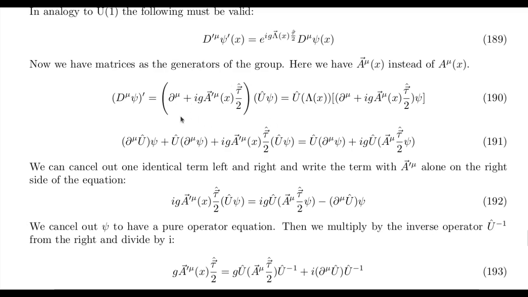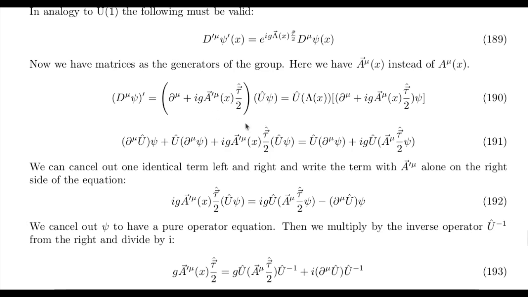Now we solve the parentheses. The partial derivative is applied to u psi. That means we have to apply the product rule of differentiation. So in this term we differentiate u, and in the second term we differentiate psi. Here we must be careful with the order. We may not change the order of the unitary operator and the psi.